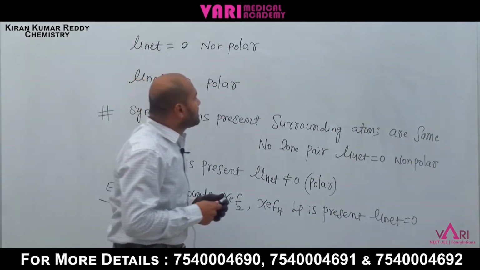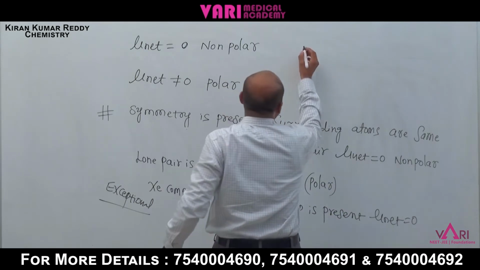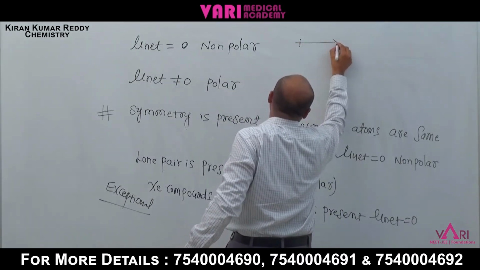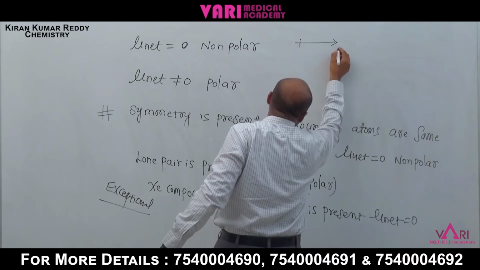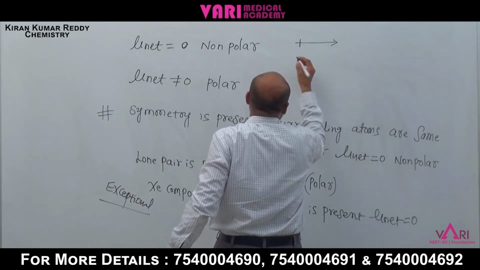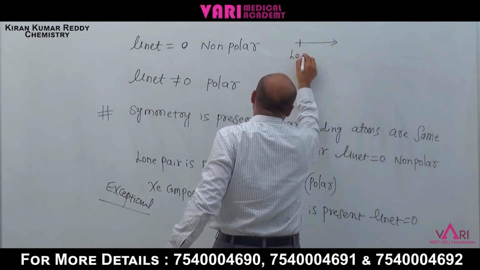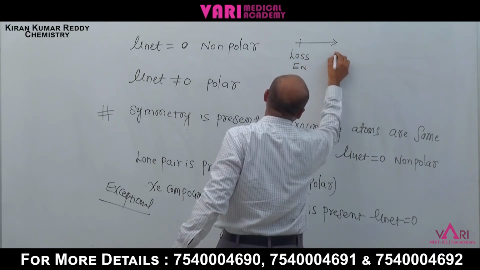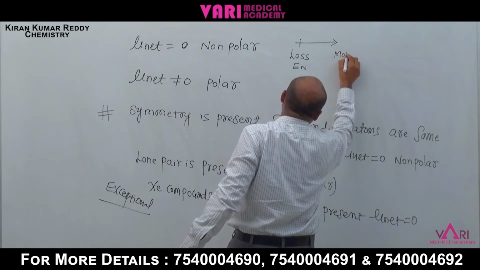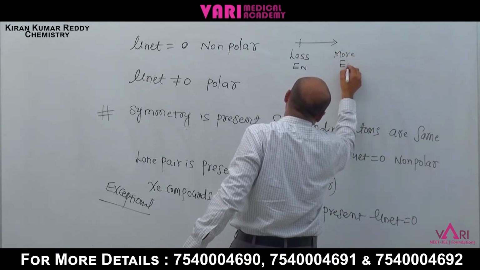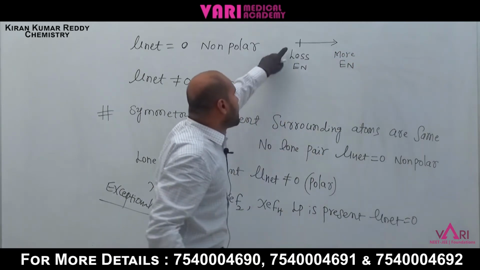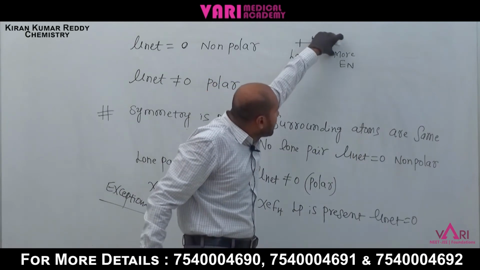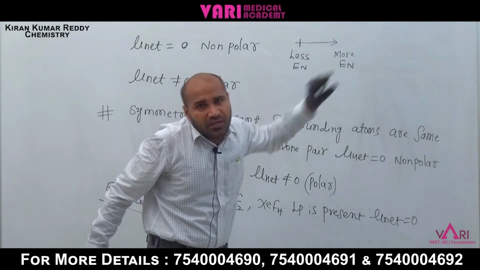Now we already discussed the dipole moment: this is a crossed arrow, here is the positive end, and here is the negative end. The dipole moment goes from the less electronegative atom to the more electronegative atom, with the cross on the positive end and the head on the more electronegative atom.